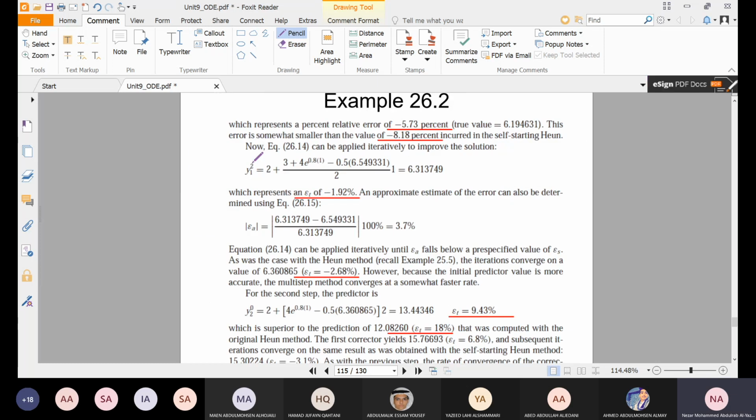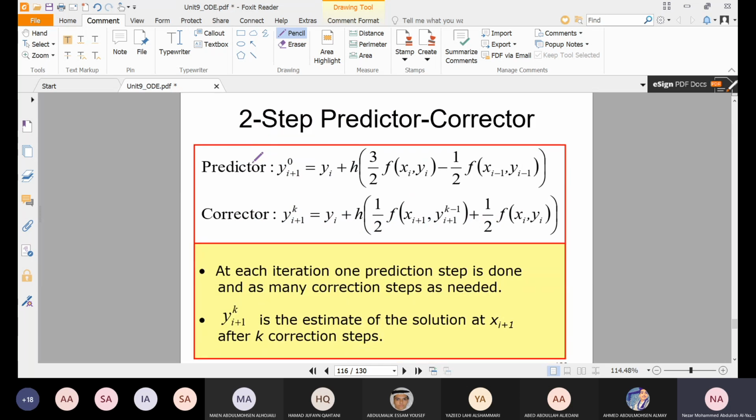And we talked about the two-step predictor-corrector methods. In this case, we need two slopes, and after that we average them: the slope at xi and the slope at xi minus 1. After that, we take the average between them.